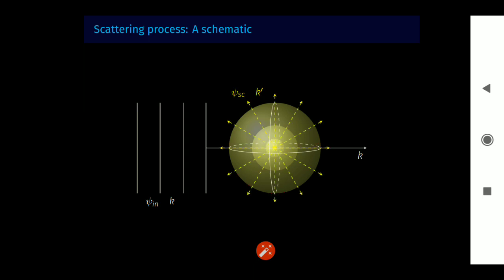The incident wave is assumed to be traveling from left to right with momentum k, and the scattered wave will be scattered with spherical symmetry in all possible directions with a momentum k prime. If a detector is kept at an angle theta, then the scattered wave can be measured using the detector. This is the scattering process that normally happens.